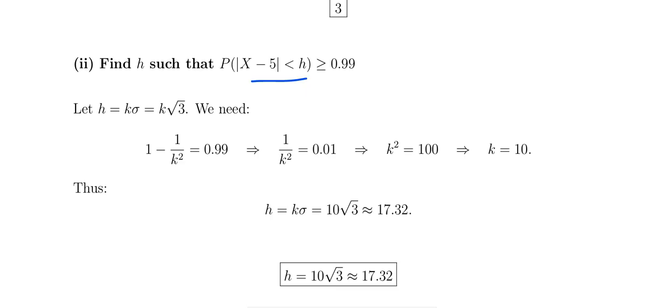We need to find the h value. So here k sigma equals h, equals k root 3, since I know sigma. Now the problem is 1 minus 1 by k square equals 0.99. So 1 by k square equals 1 minus 0.99, that is 0.01. So k square, taking the reciprocal, is 100. So k equals 10. With k equals 10, h equals 10 root 3, that is 17 point something. So h equals 17.32.